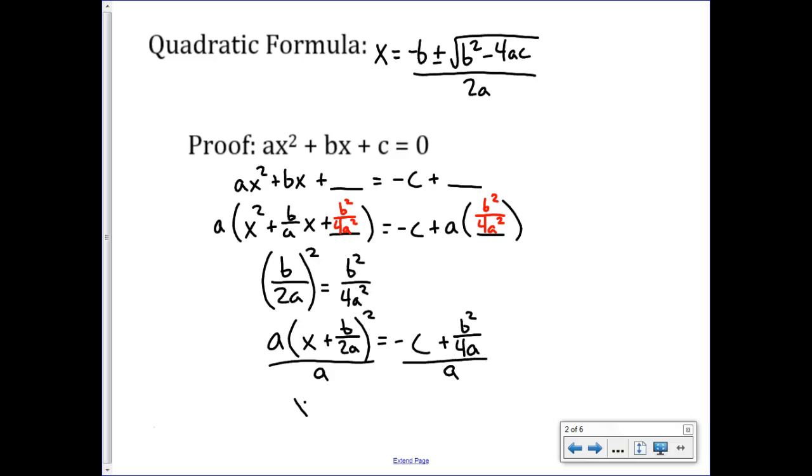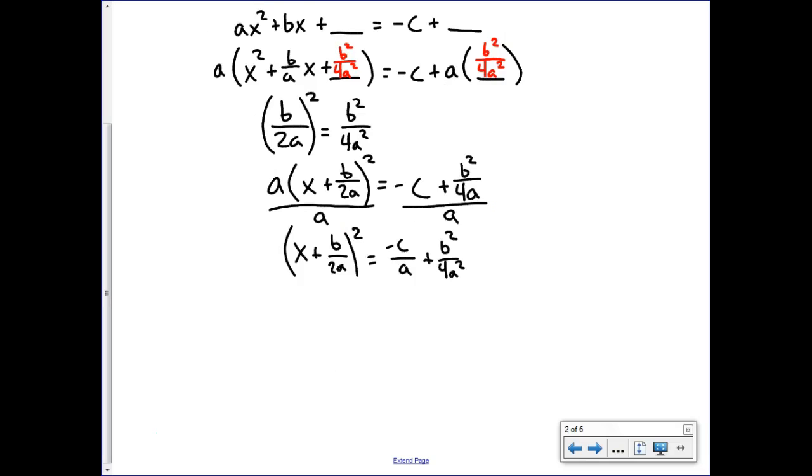So then I have x plus b over 2a, quantity squared, is equal to the opposite of c over a. I'm going to go ahead and separate this out, plus b squared over 4a squared. So when I divided by a, that put that a squared back down there.